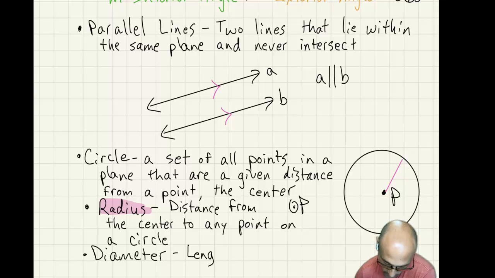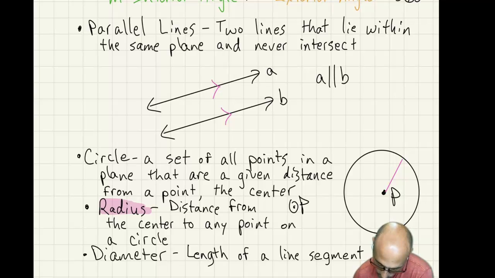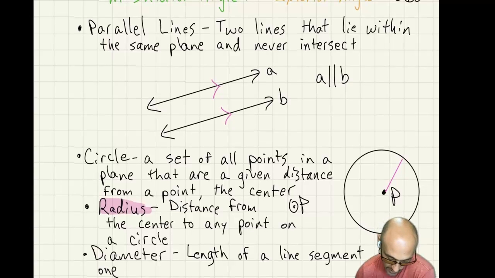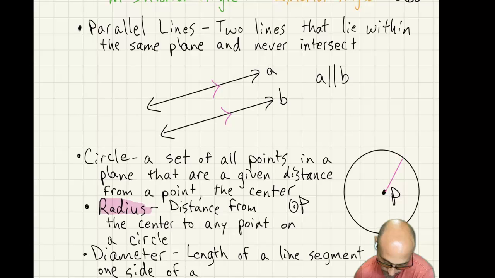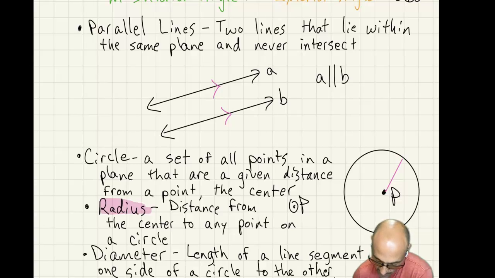Length of a line segment from one side of a circle to the other. And that has to go through the center.